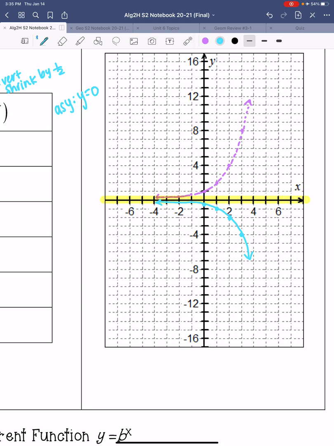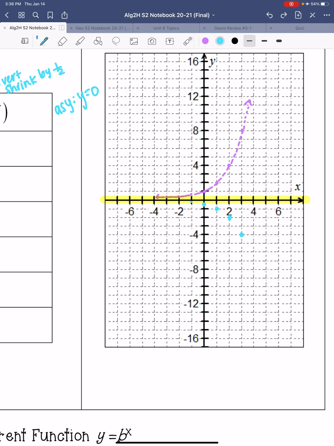You know what? Let's actually put one more point. Okay, let's add one more point to this one. We can go ahead and do 4, and then cut it in half. So when we do 2 to the 4th power, that's 2 times 2 is 4, 4 times 2 is 8, 8 times 2 is 16, and then we're going to cut that in half.